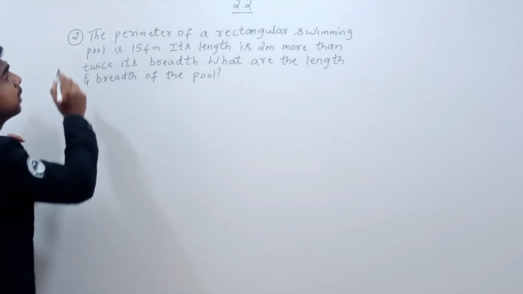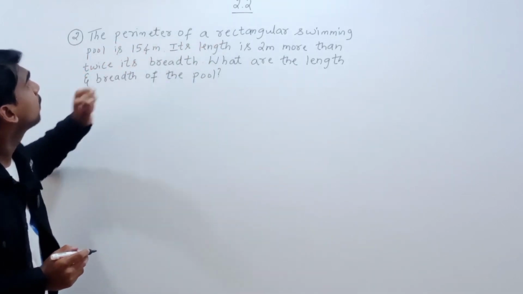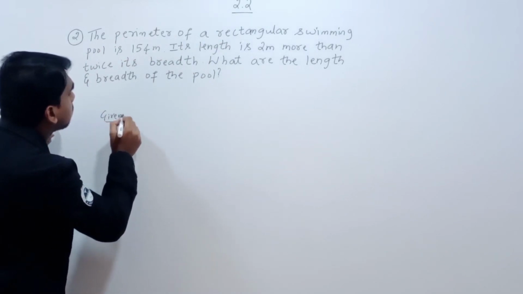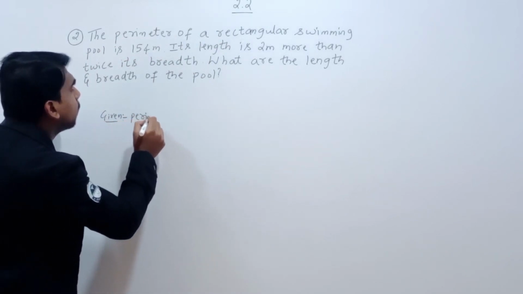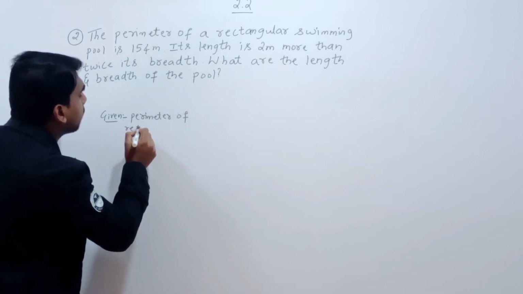Question number 2.2. The perimeter of a rectangular swimming pool is 154 meter.